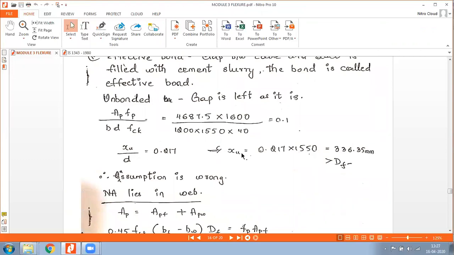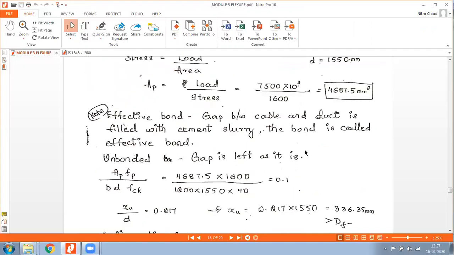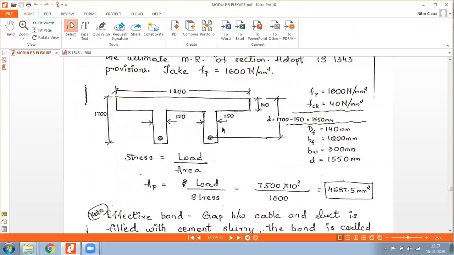On cross multiplication, Xu is equal to 0.217 into effective depth 1550. How to get this one? Effective depth means in this overall depth of the beam, we need to subtract the effective cover, that is 1700 minus 150, that is equal to 1550 mm.